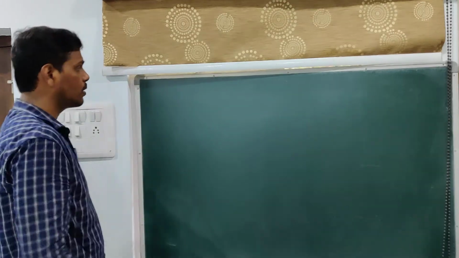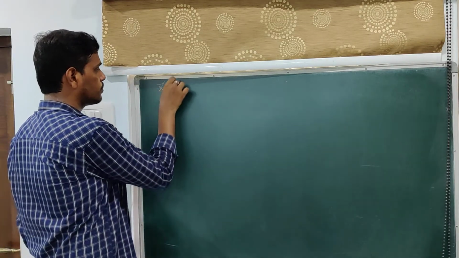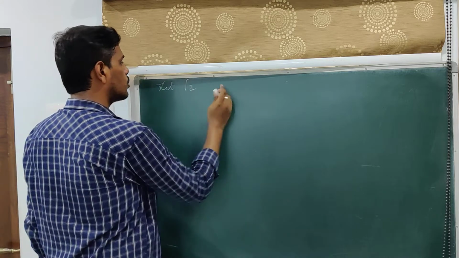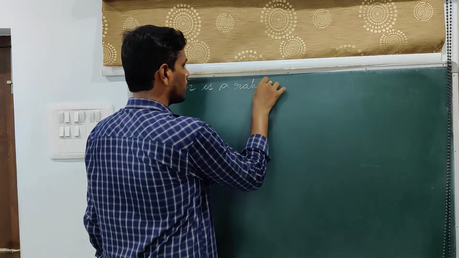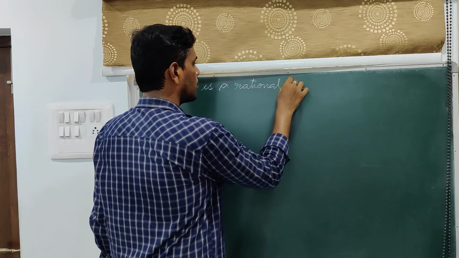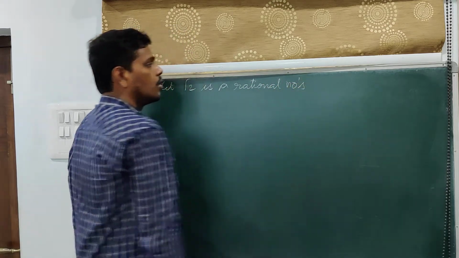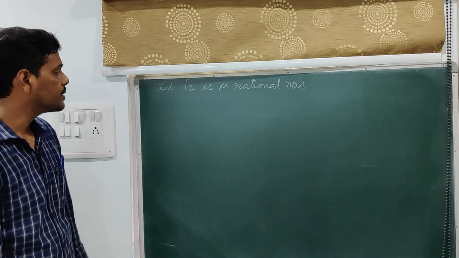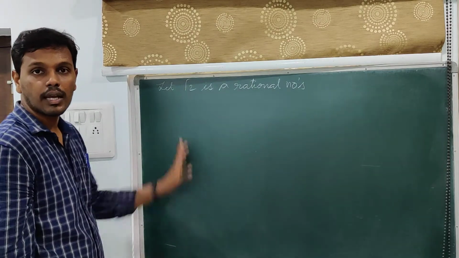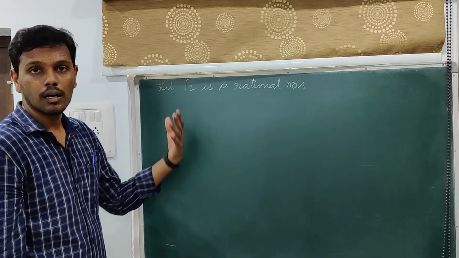Let us assume that root 2 is a rational number. Since root 2 is a rational number, I can write root 2 as p by q.